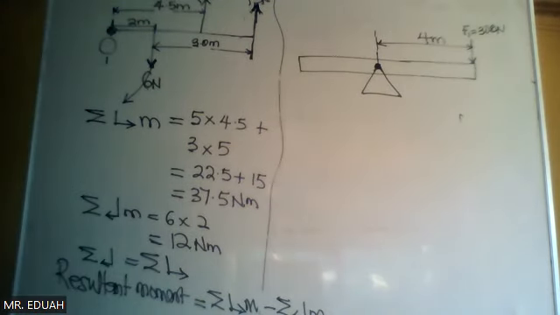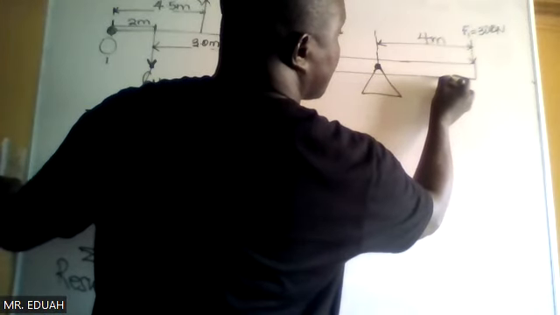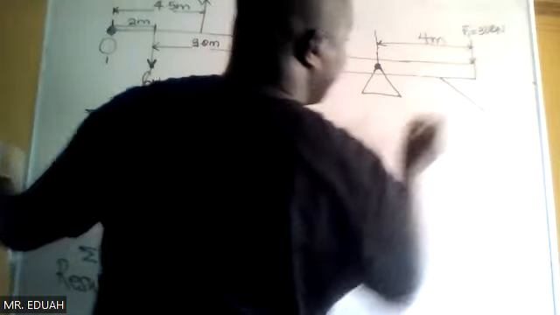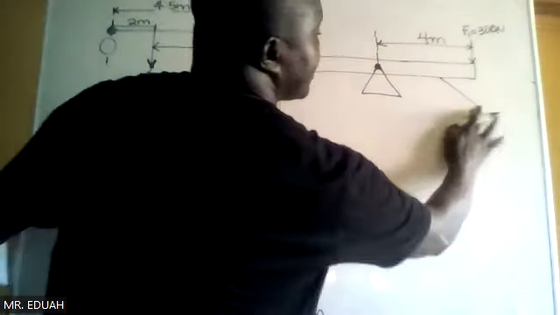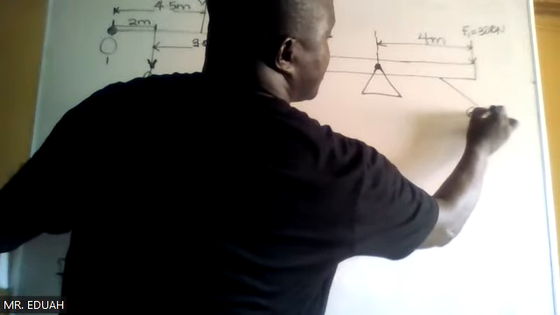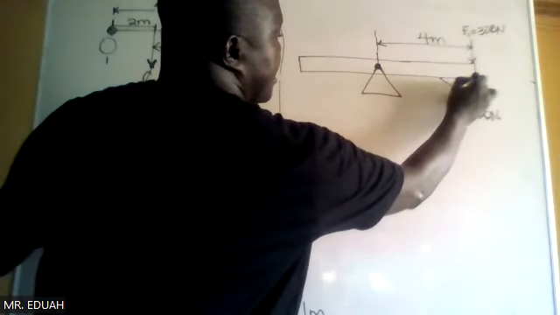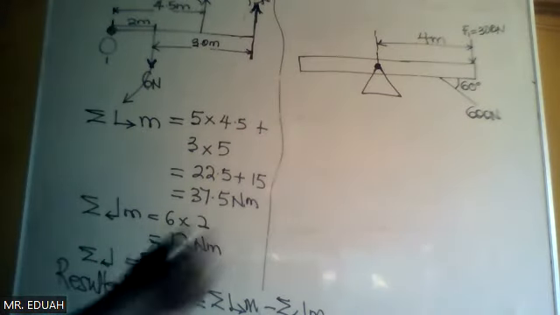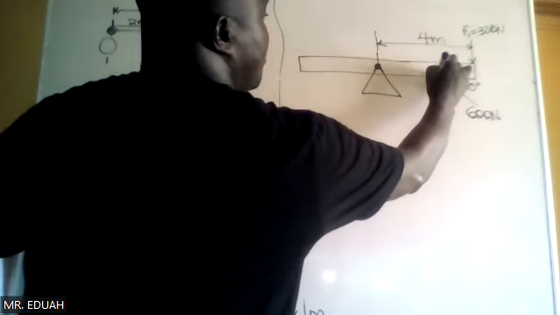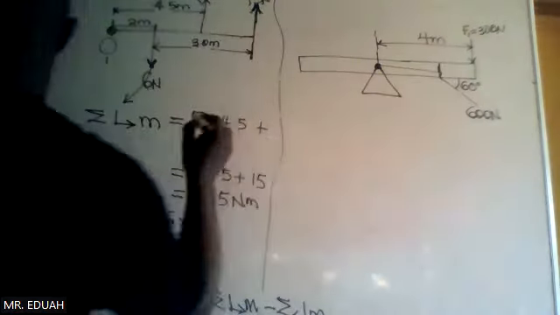Then we have another force, F2, which is 600 Newton, acting at an angle of 60 degrees to the bar. The distance from the pivot to where the force acts is 3 meters.